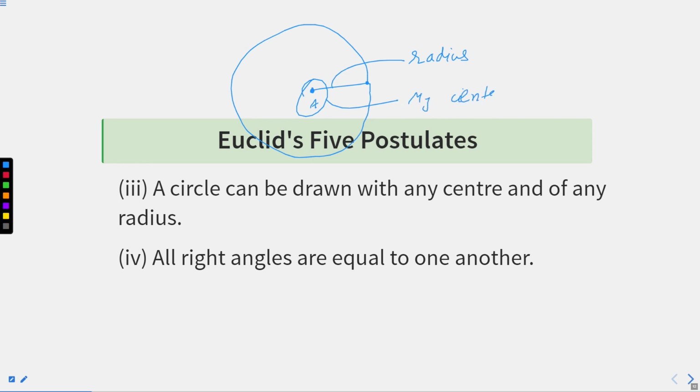This will be my center of the circle. So you can choose whatever radius you want and wherever center you want.